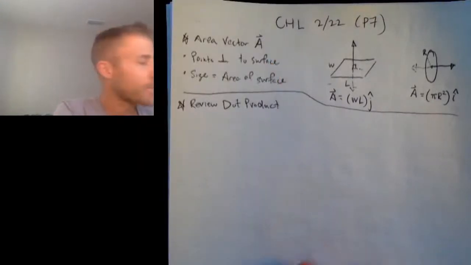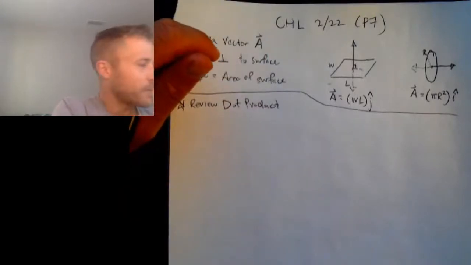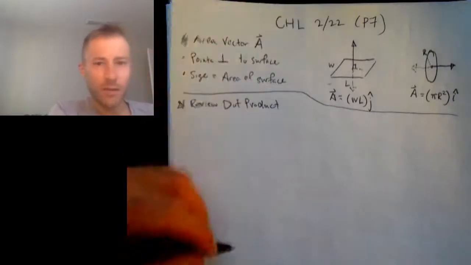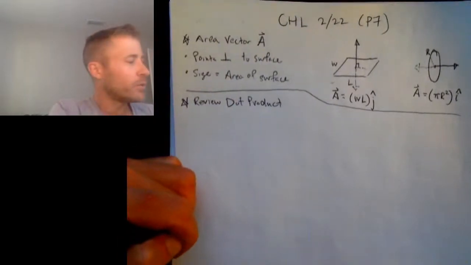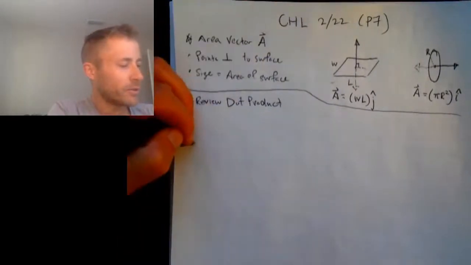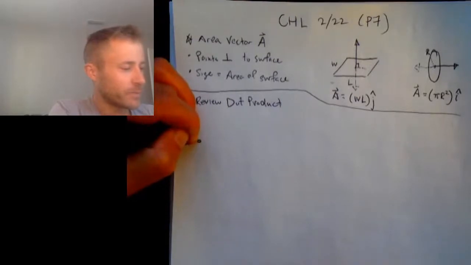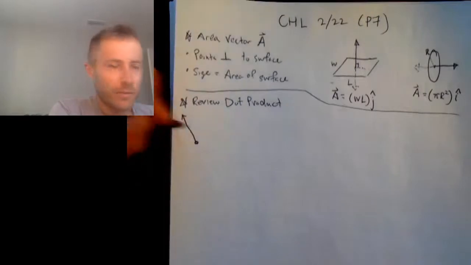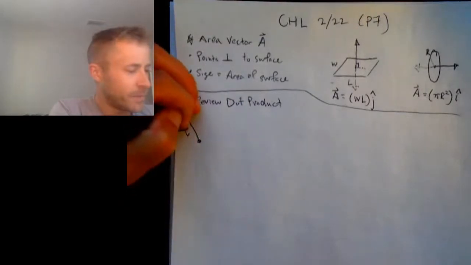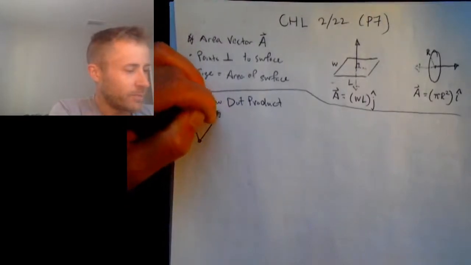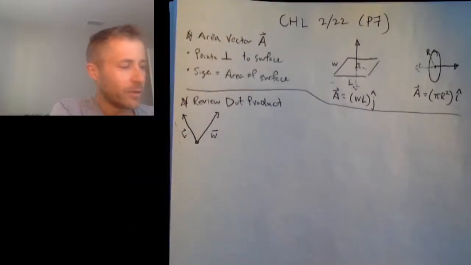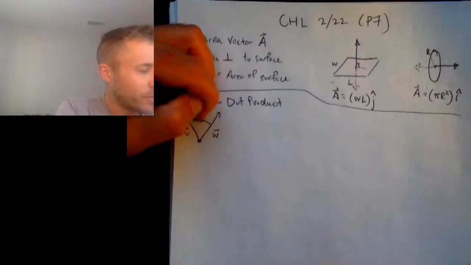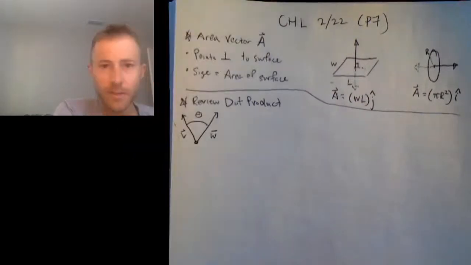The picture you want to have in your head when you talk about the dot product is two vectors, maybe v and w, and those two vectors have an angle between them. That angle is theta.